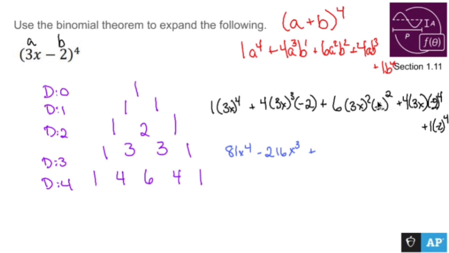Negative 2 squared is 4, and 54 times 4 is 216, 216 x squared.